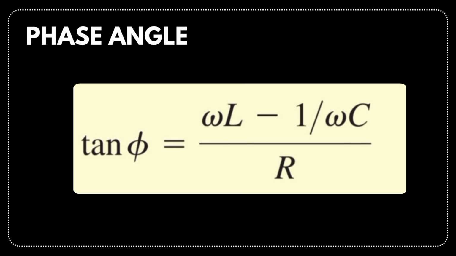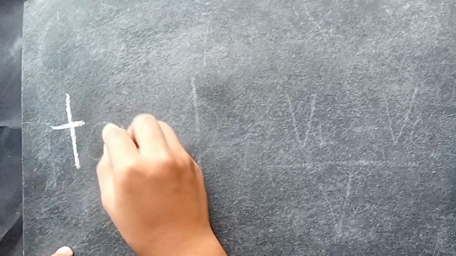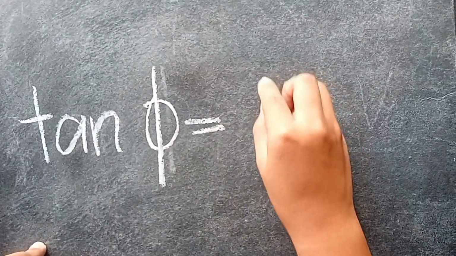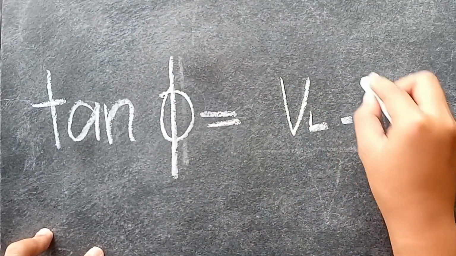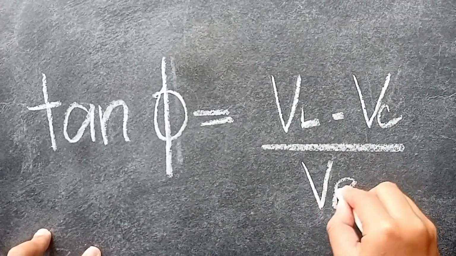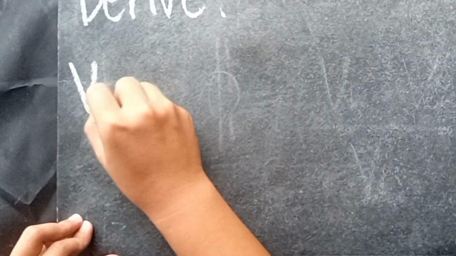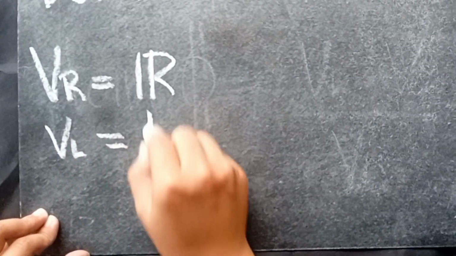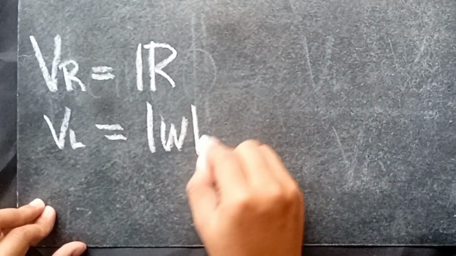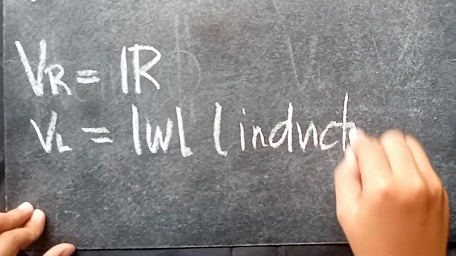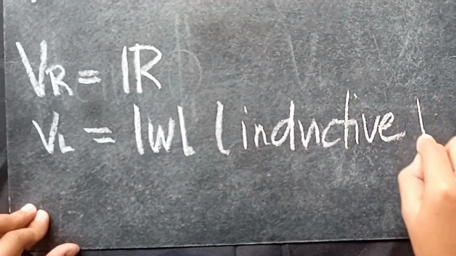So voltage amplitude formula has tan phase angle is equal to VL minus VC over VR, which your VR is equivalent to your current times resistor, and then your VL is equal to your current times angular frequency times inductor or your inductive voltage.